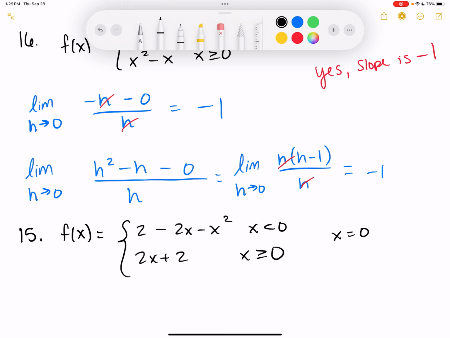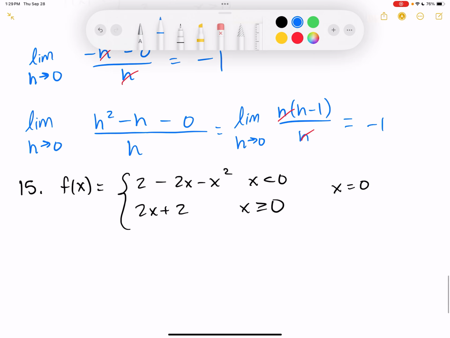Yeah. All right, so top one, limit as h approaches 0 of, now a plus h, again I've got a being 0, so that's nice, so I'm basically just plugging in h for x.